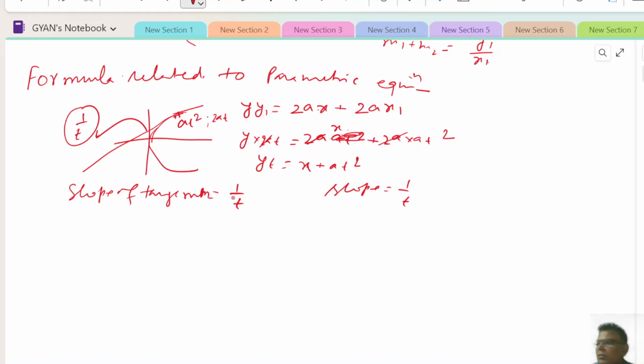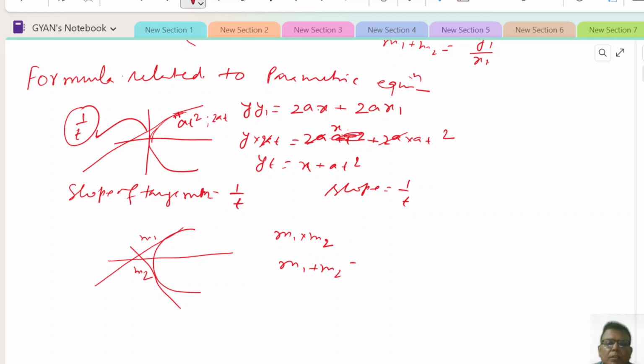Now, this is M1, this is M2. Then we have found M1 into M2 and M1 plus M2. M1 M2 is equal to 2a by x1.